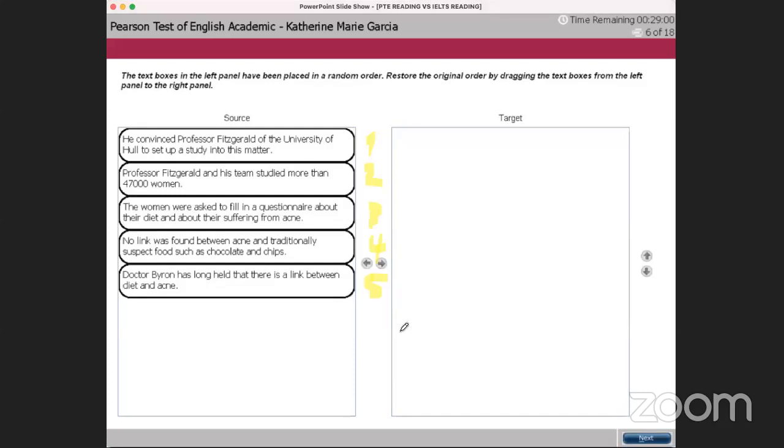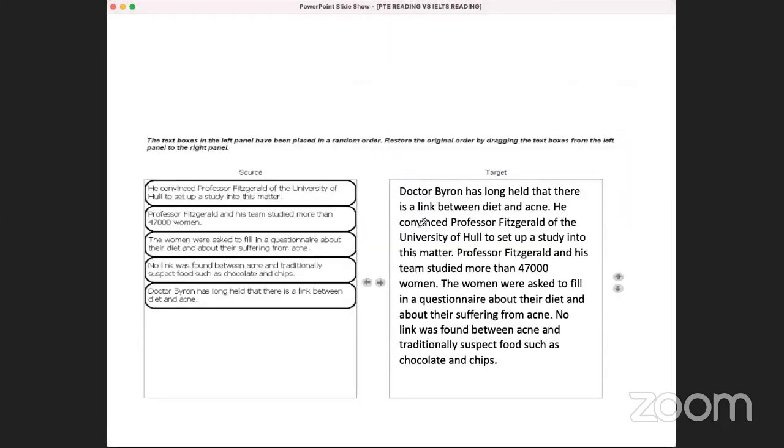What is the correct response? Let's read. Dr. Byron has long held that there is a link between diet and acne. Correct, 5. He convinced Professor Fitzgerald of the University of Hull to set up a study into this matter, 1. Professor Fitzgerald and his team studied more than 47,000 women, 2.